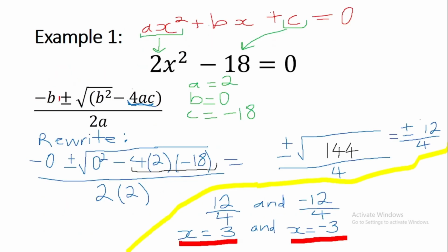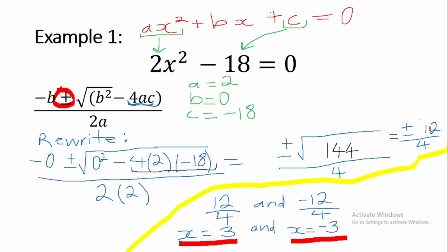So in this case, the plus or minus sign played a major role at the last part. After we have done the majority of the work, we find the square root of b squared minus 4ac, which would have been 144. After we find the square root of that, we'll have 12. This is where the plus or minus sign plays its part.